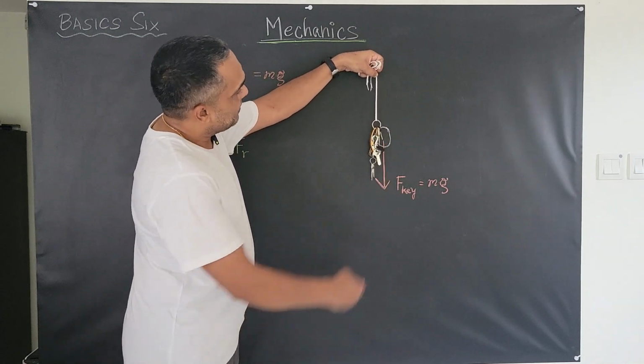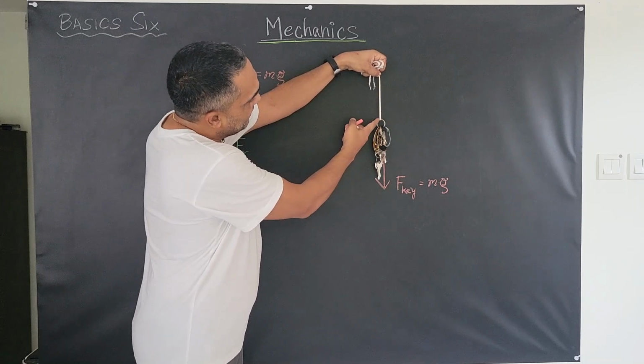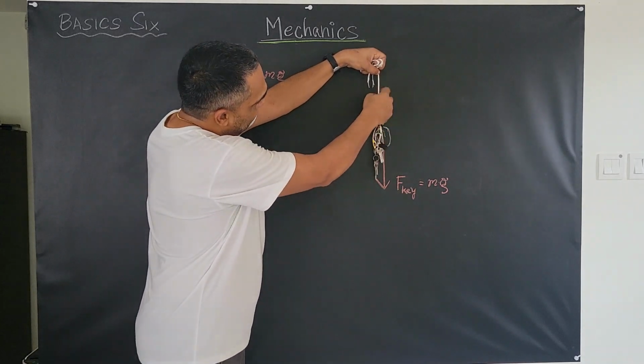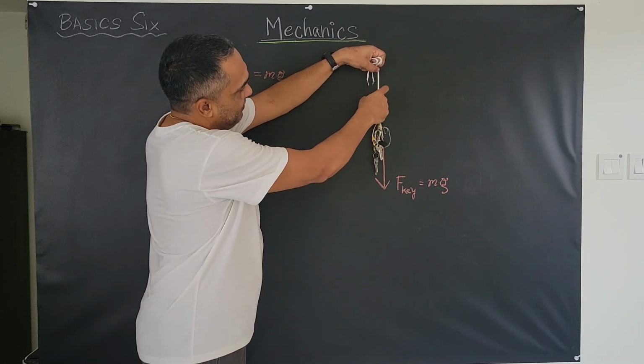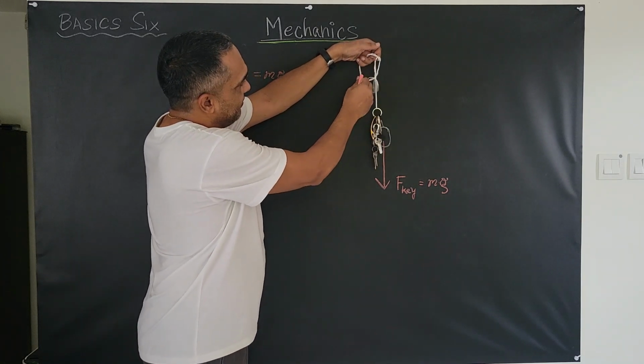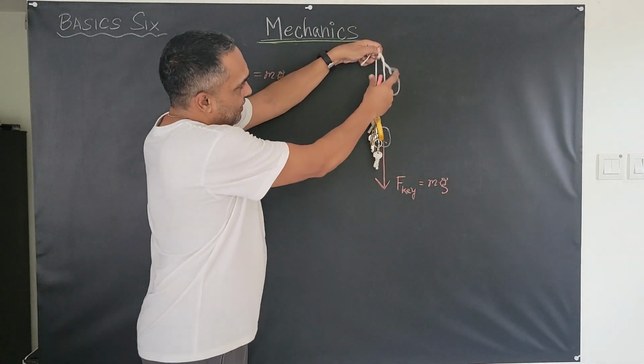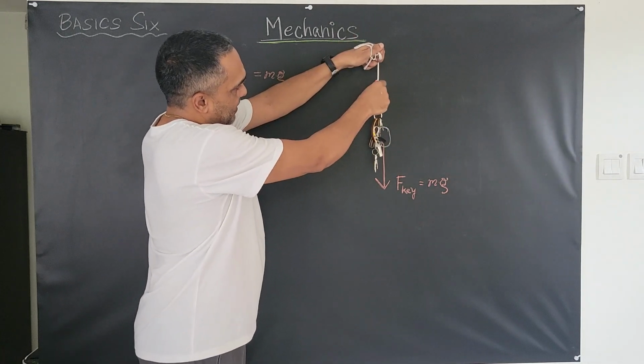Now what's going on? The string is applying a force, and that's why the string is fairly tense. There's no slack. The rest of the string is really soft, but this is not an elastic string, so it's holding it back.